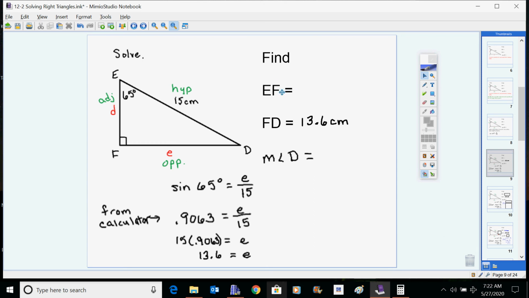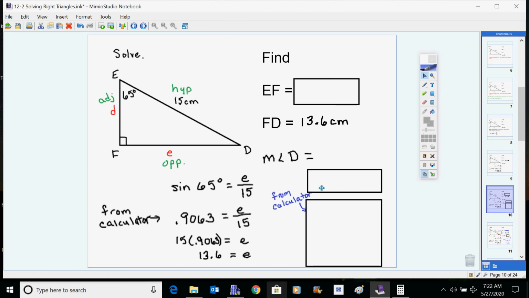Now if we're trying to find EF, we're trying to find D. Let's think about the things that we're given. We're given 65 adjacent, and we're given the hypotenuse. Adjacent over hypotenuse is cosine. Cosine 65 is D over 15.